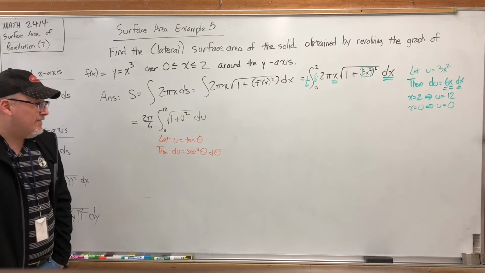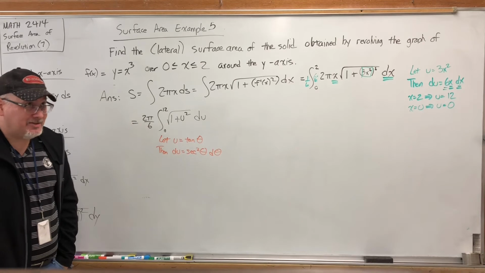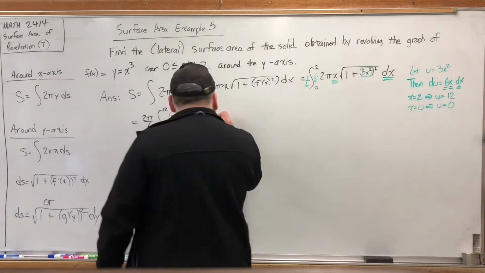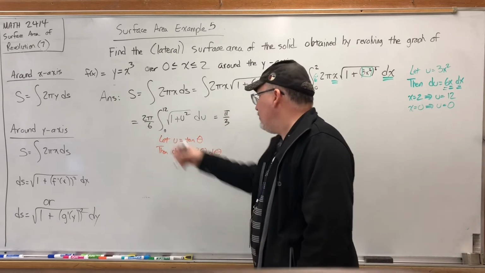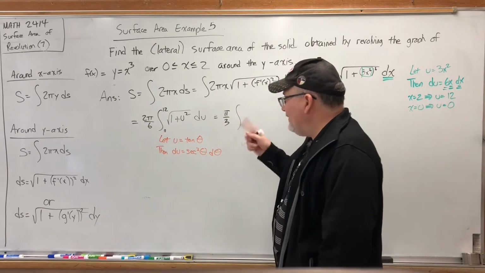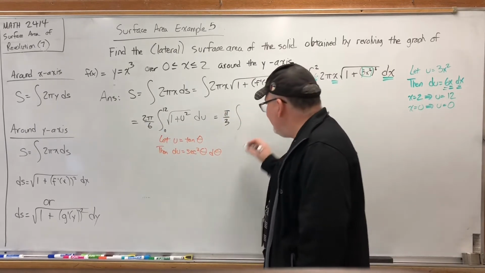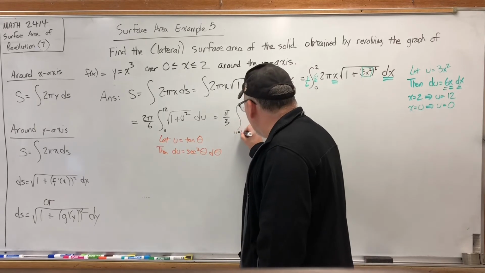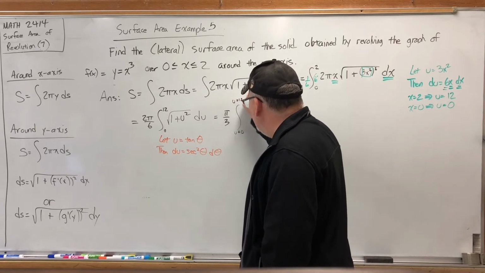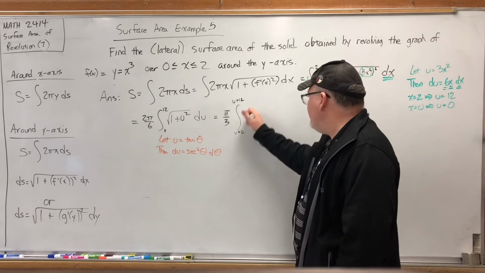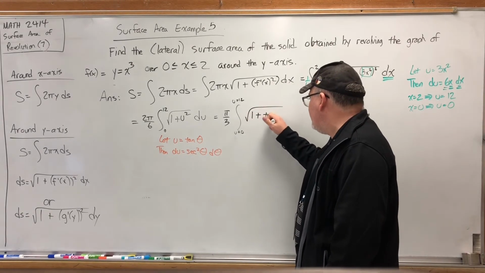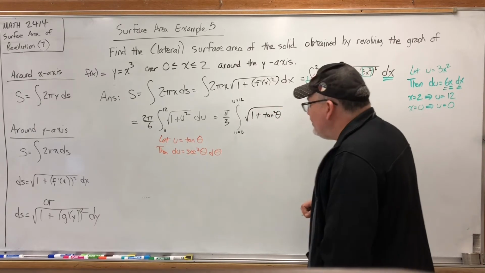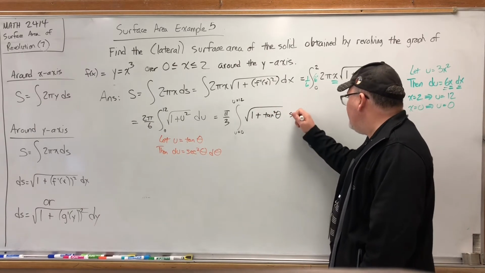So I'm going to leave the limits of integration as is, but because I'm going to change this to a theta integral, there's my pi over 3. And I'm going to leave the limits of integration as u. I'm going to explicitly state this is going from u equals 0 to u equals 12. All right, under the square root, I get 1 plus u squared, but u is tangent, so I get 1 plus tangent squared. du becomes secant squared theta d theta.